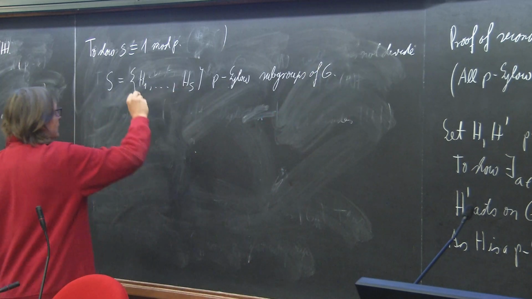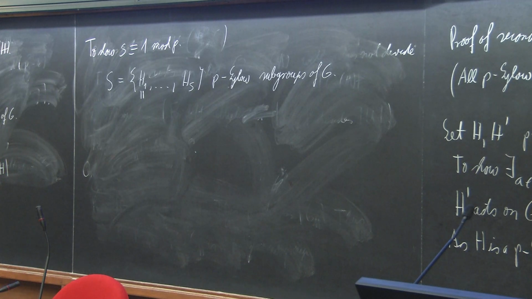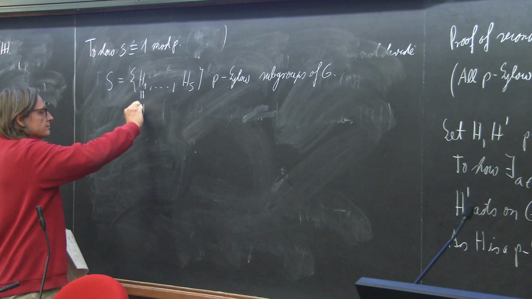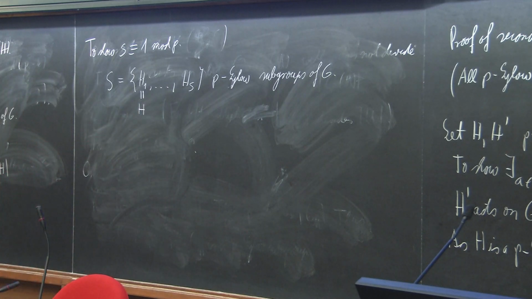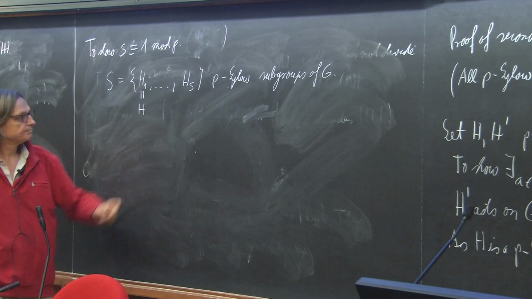And the first one I want to take is our original H. We had viewed the P pseudo subgroups as the orbit of one element under conjugation. So we take this as the first one here.